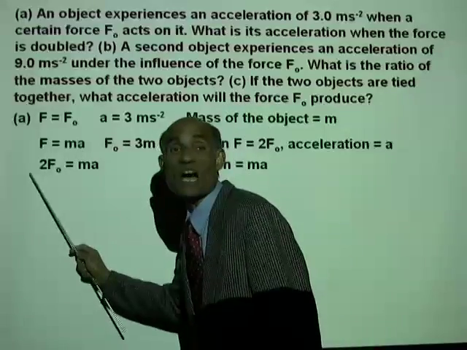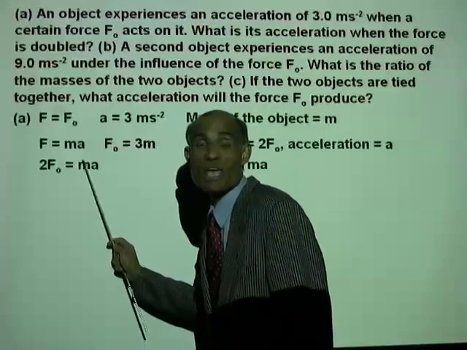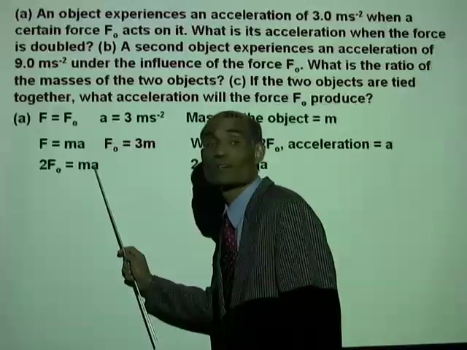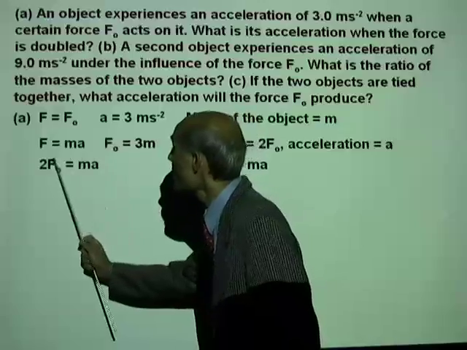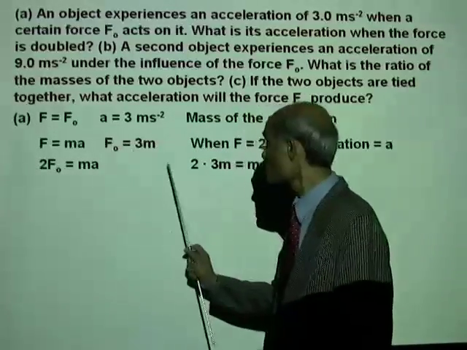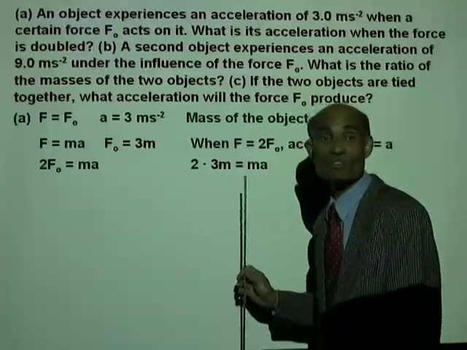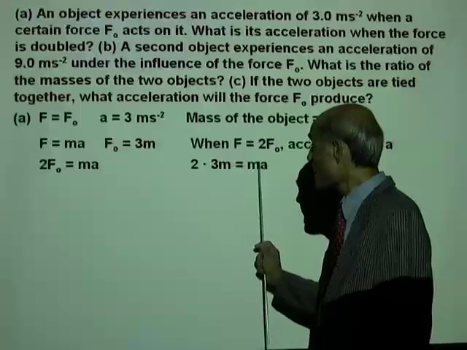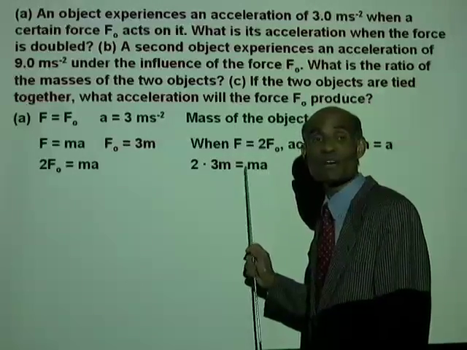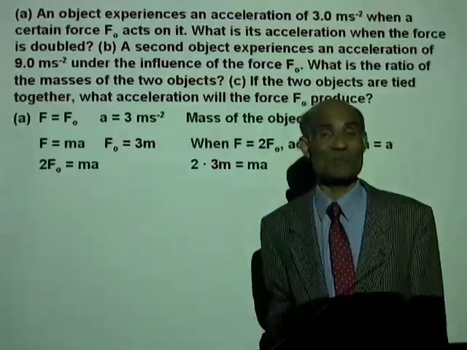The force is now doubled. 2F0 acting on the same mass will produce what acceleration? We replace our F0 by 3m. What does that give you? 2 times 3m equal to ma. Now watch this. m and m will cancel from either side. It'll give you the acceleration right away. Acceleration is 6 meters per second squared.